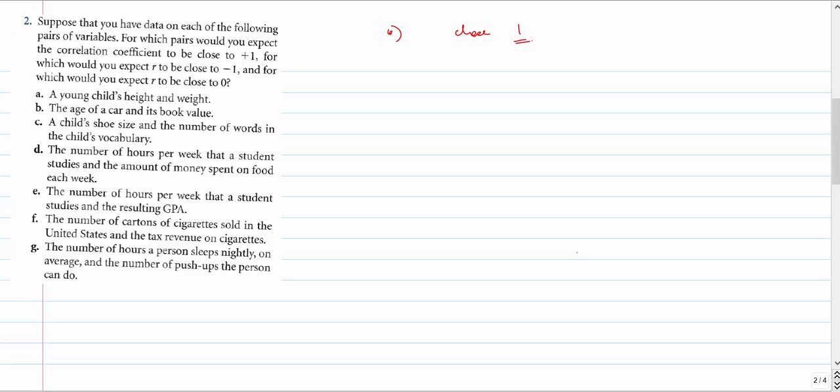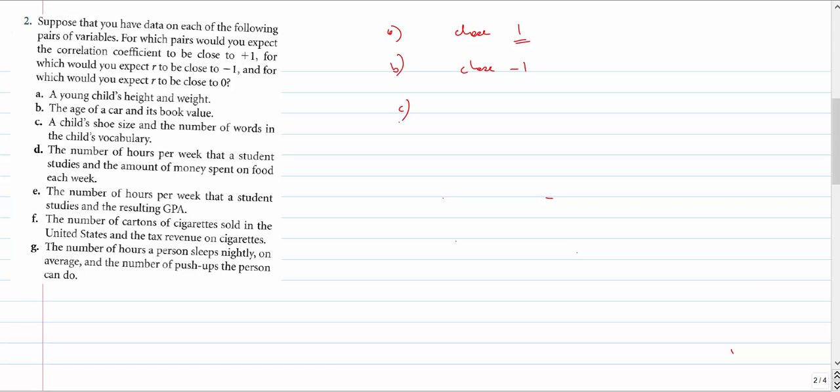Positive. As the child grows, the weight grows proportionally. B, the age of a car and its book value, I would say that is close to -1, because as the car ages, it loses value. So it's -1.